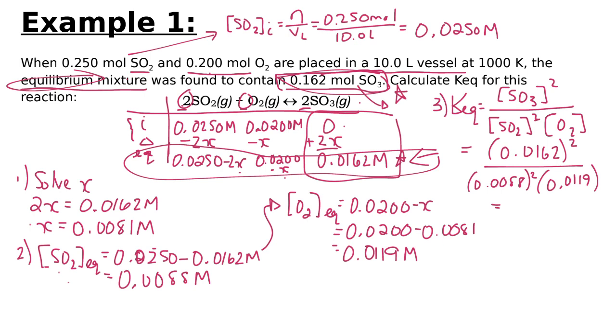When you sub all your numbers in and then divide your reactants and your products, you should end up with a KEQ value of 284.79, but we still have to be mindful of significant figures. And in our expression here, I have 2 sig figs for the concentration of SO2. So I need to put this as 2.8 times 10 to the 2.